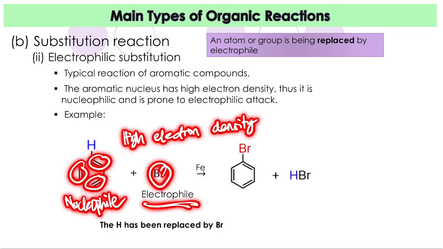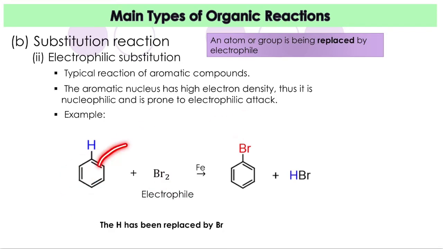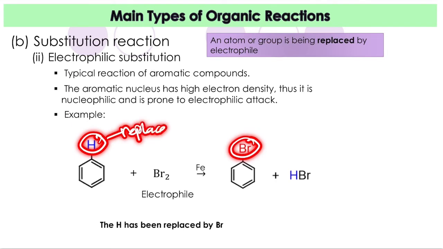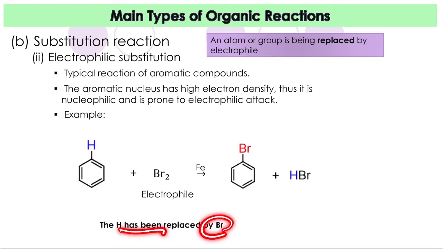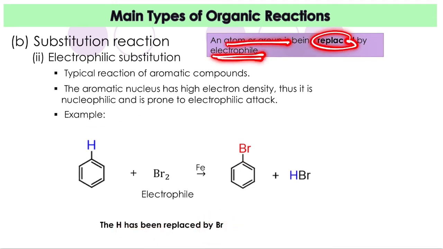So dia akan serang electrophile. So what will happen? Br itu dia akan replace kedudukan H. Okay? H will be replaced by Br. Jadi untuk electrophilic substitution, atom or group is being replaced by electrophile.